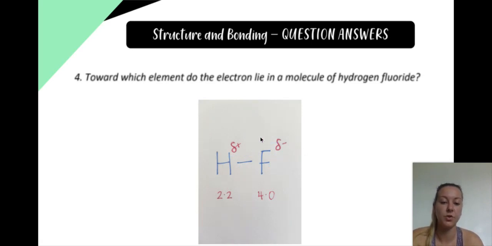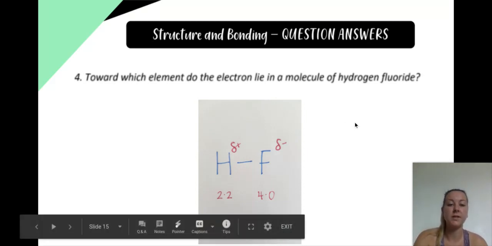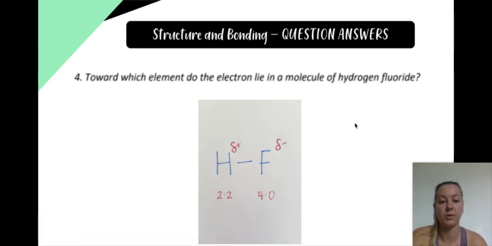So delta negative goes to the fluorine. It is more electronegative, so it will pull the electrons closer to itself. Hydrogen has that electron deficit. The electrons are further away from hydrogen, so it's slightly positively charged. And what kind of bonding is this? It's called polar covalent bonding. The question doesn't specifically ask for that, but it's just good to familiarise yourself with these.